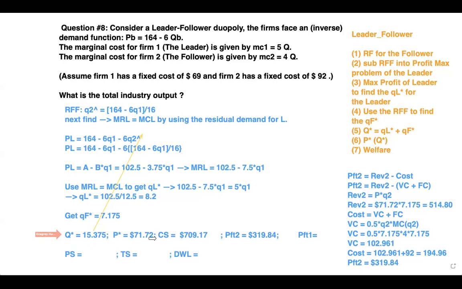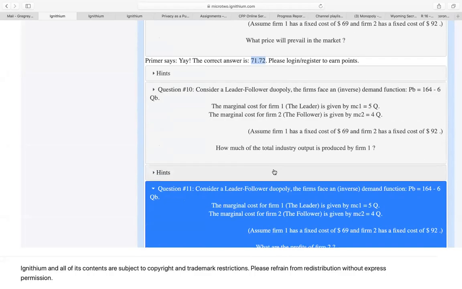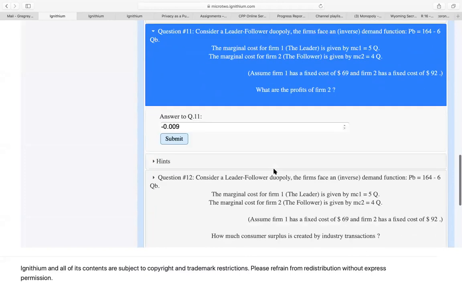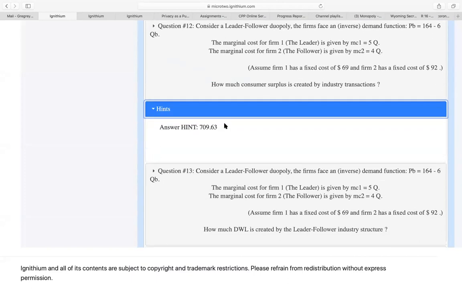Okay, so you got the right answer. That's good. I hope it's the right answer. Let's go ahead and check. So we go back to Ignithium, and okay, we already know that. That's fine. How much consumer surplus? That's close enough, right?